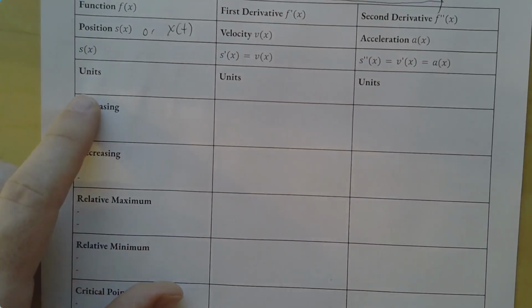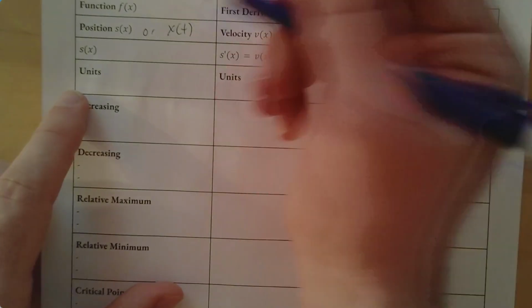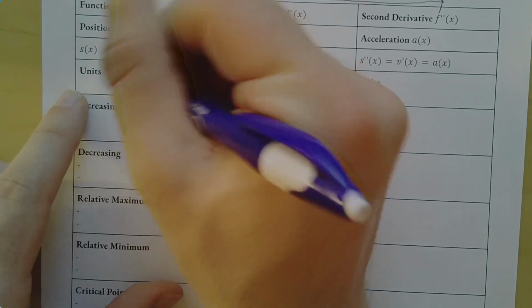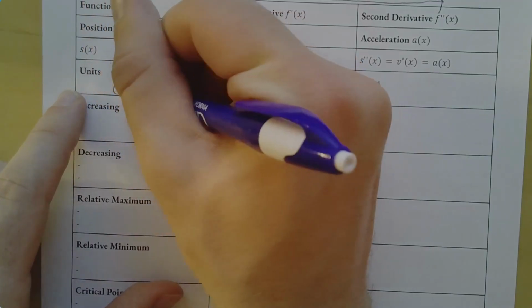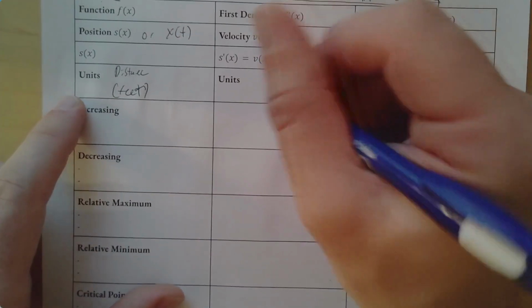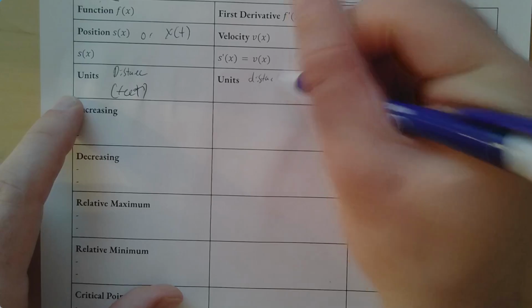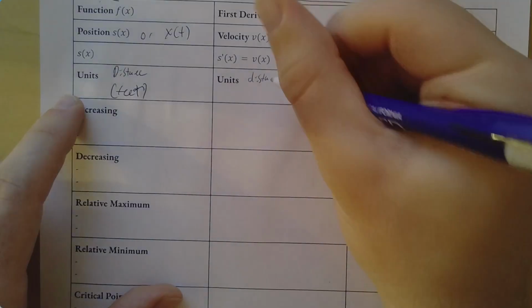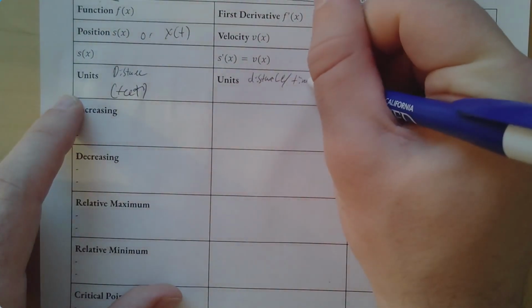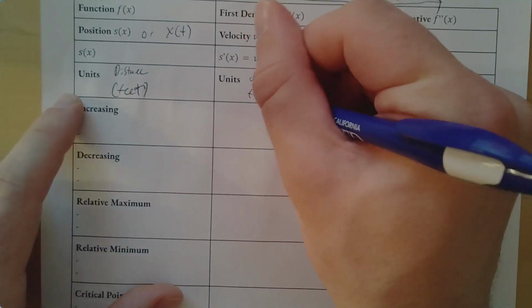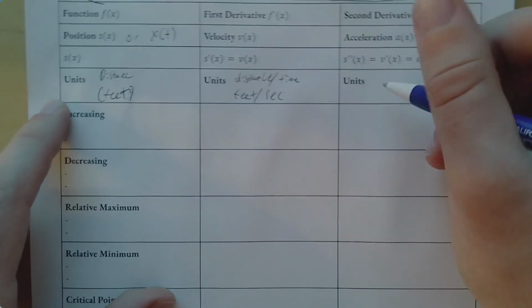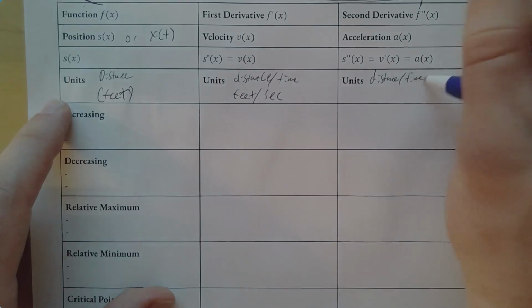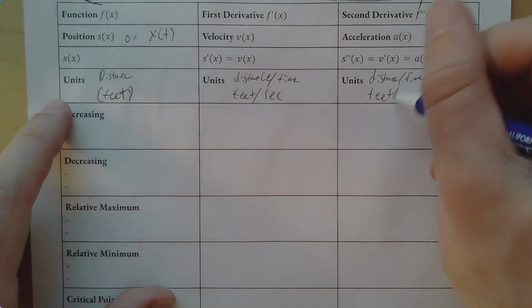The position should be given in some distance, like feet. The units of velocity should be distance per time, like feet per second. And as you take the derivative again, it's distance over time squared, something like feet per second squared.